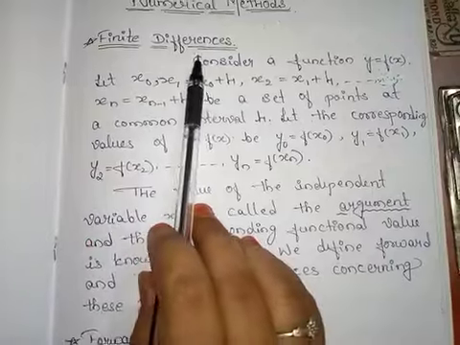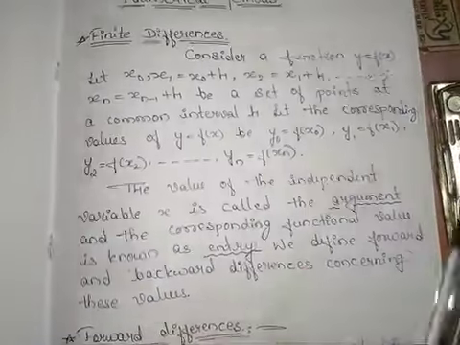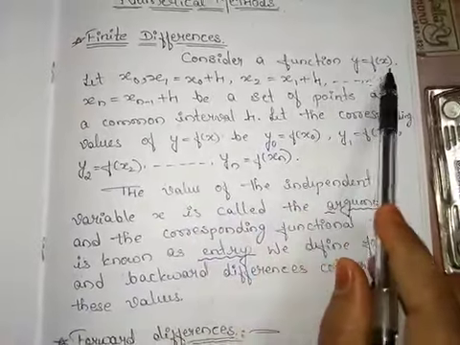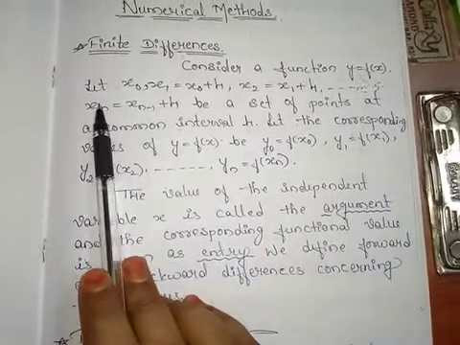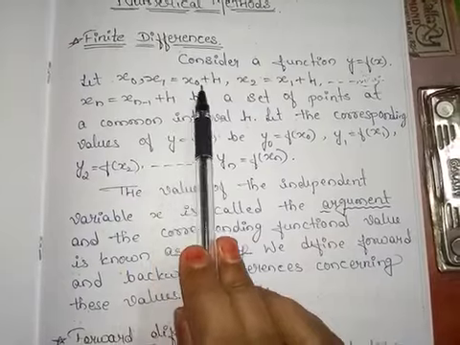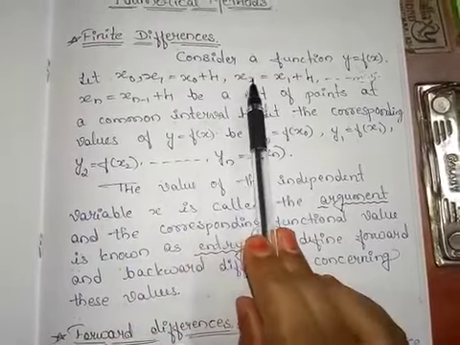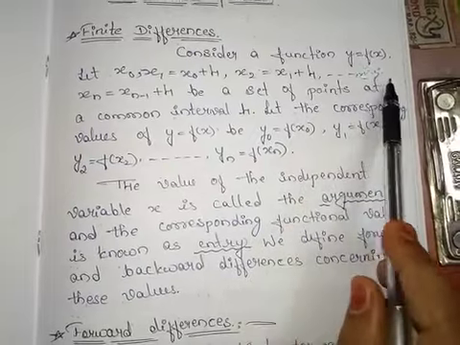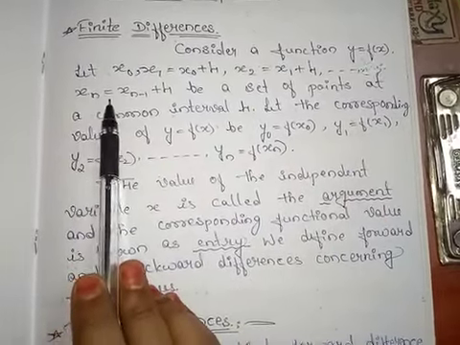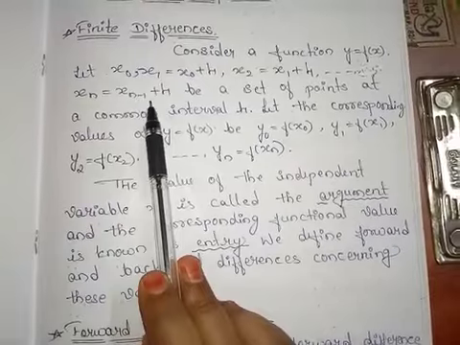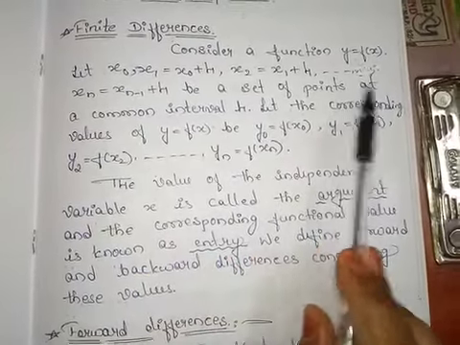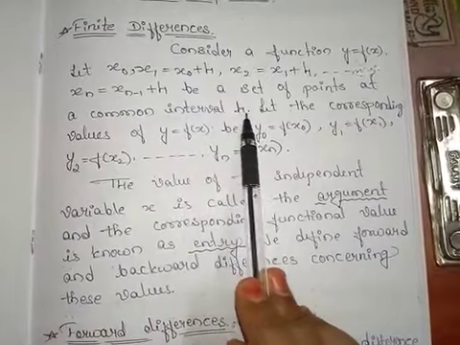First is finite differences. Let us see what finite differences are. Consider a function y is equal to f of x. Let x0, x1 is equal to x0 plus h, and x2 is equal to x1 plus h, and so on to xn is equal to xn minus 1 plus h, be a set of points at a common interval h.